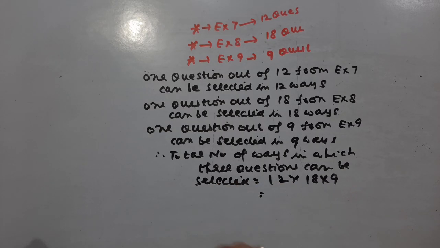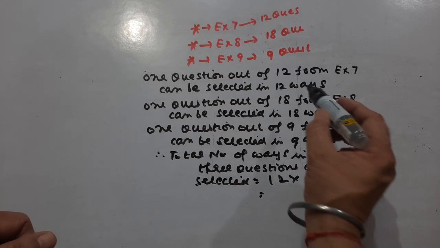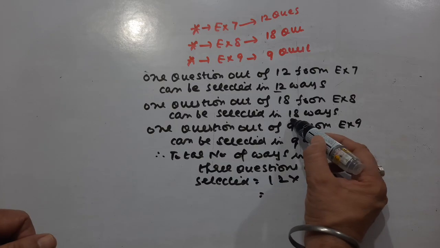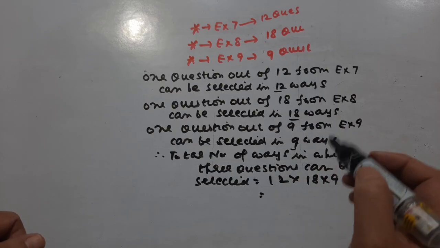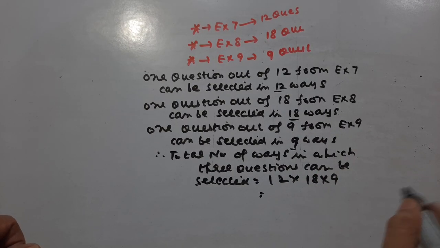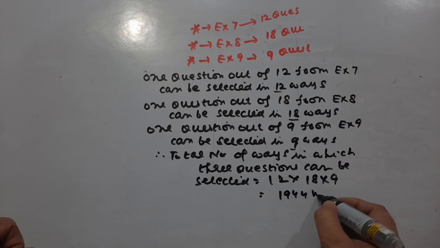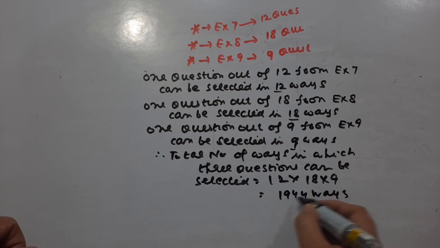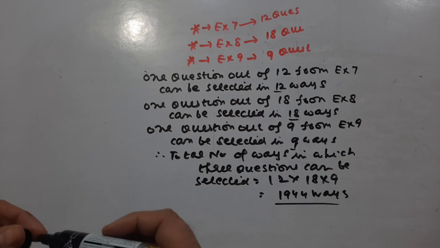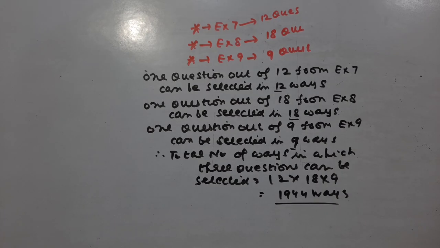So these are the total number of ways. 12 हो गया फर्स्ट से, 18 आपका यहाँ से आएगा और 9 आपका यहाँ से आएगा. So 12 into 18 into 9. So this is equal to 1944 ways. So total number of ways in which 3 questions can be selected is 1944 ways.